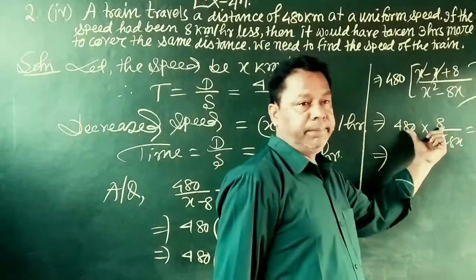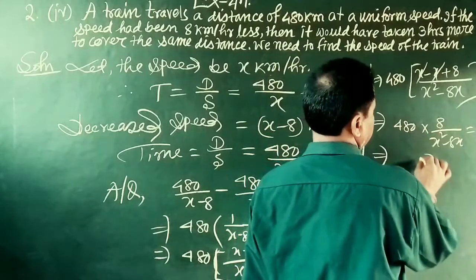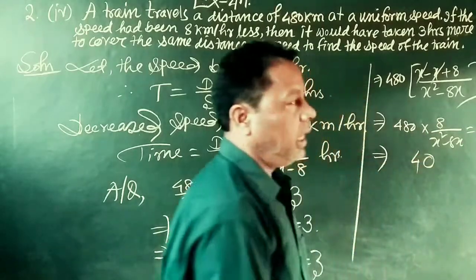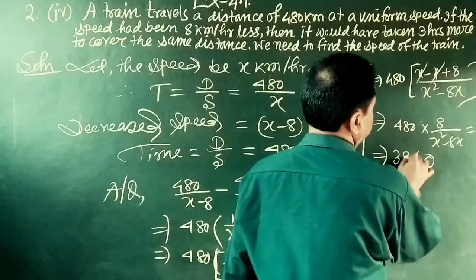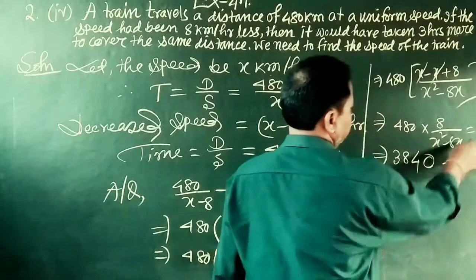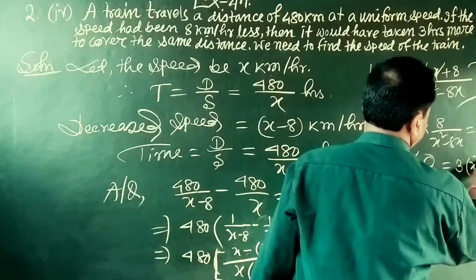This multiplication: 0 into 8 is 0, 8 8s are 64, 6 in hand, 4 8s are 32 plus 6 is 38, so 3840 is equal to multiplying by 3, then 3 into x squared minus 8x.